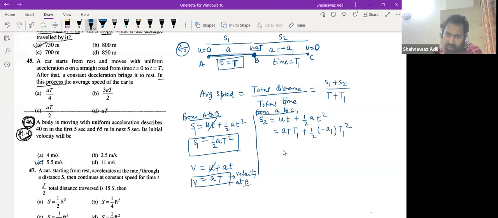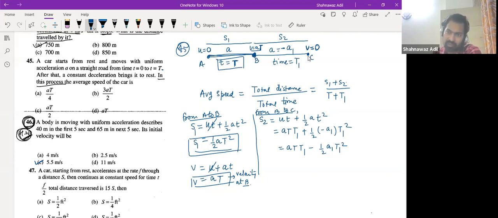So this is AT T1 minus half A1 T1 square. But you guys see that we have lots of terms. In S1 we have only A and T, but in S2 we have A, T1, T and lots of T. So what is the other relation that we can use?